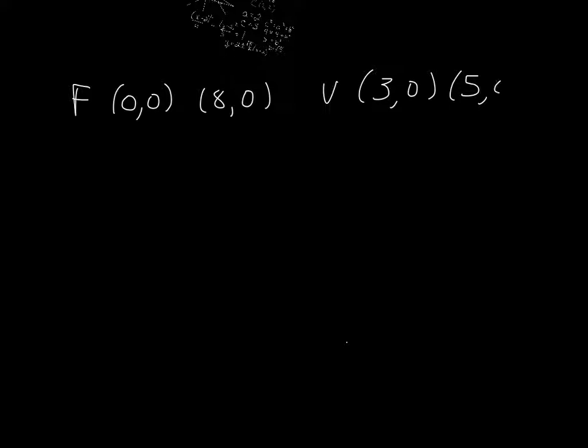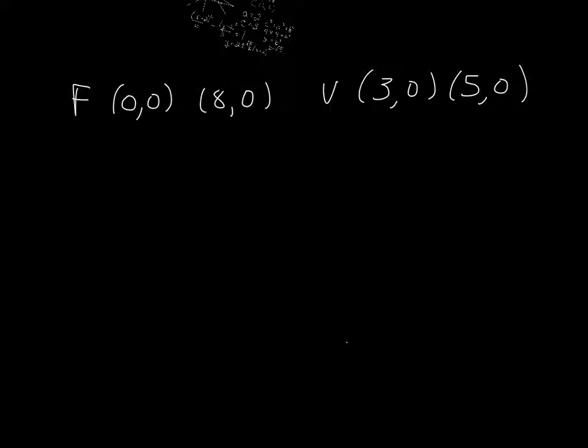okay, we have foci of (0, 0) and (8, 0), and vertices of (3, 0) and (5, 0). I want to find the standard form of the equation, and we'll go ahead and find the equation for the asymptotes and graph it.